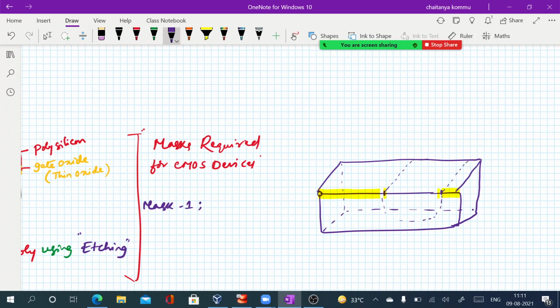N-type diffusion is only at this point, so the entire remaining portion must be covered with some plate. This portion should not be exposed. Only the open window should be exposed, so we have to create one layer on top of it. Therefore, this is the mask that we have to define.